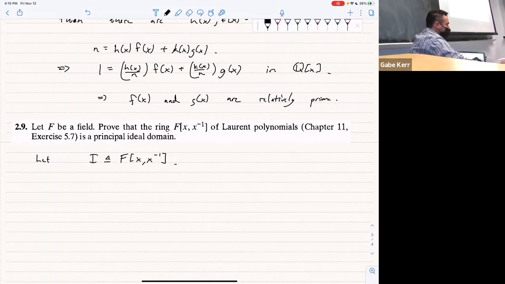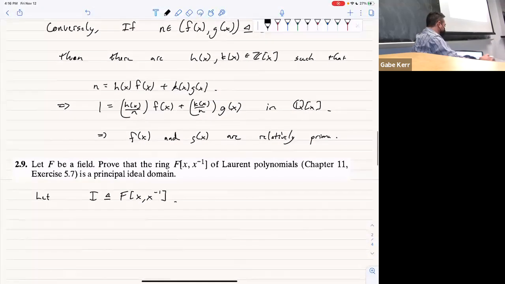Rationals are fields, but rationals with x.